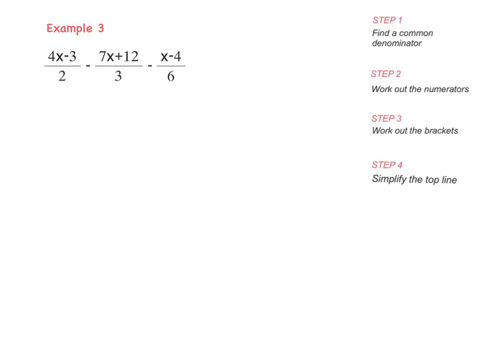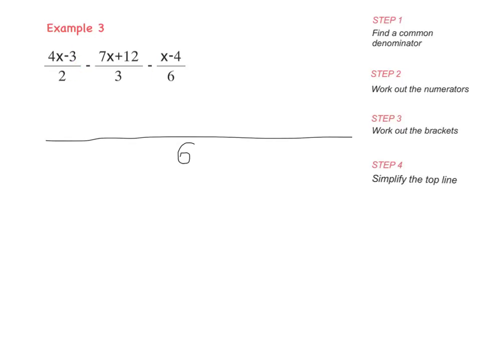And the easiest way is to put one long line. We can do 3 lines and 3 fractions, but the best and easiest way is to put one line and one denominator as 6. Especially helpful when we have minuses as we have here.